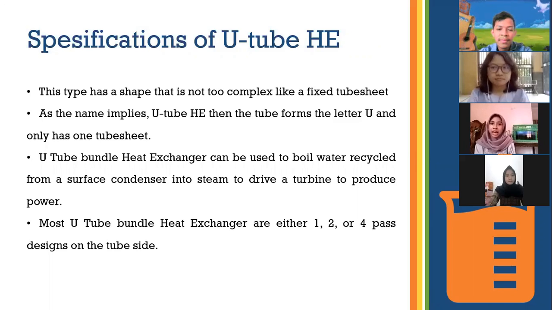It can be used to boil water recycled from a surface condenser into steam to drive a turbine to produce power. Most U-tube heat exchangers are either 1, 2, or 4 pass design on the tube side. This refers to the number of times the fluid in the tubes passes through the fluid in the shell.